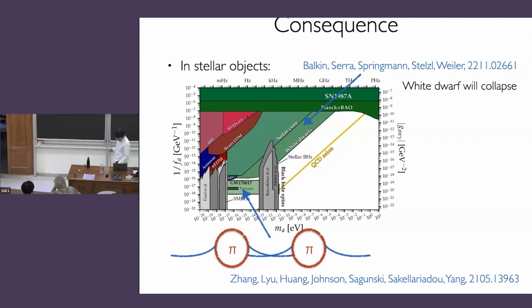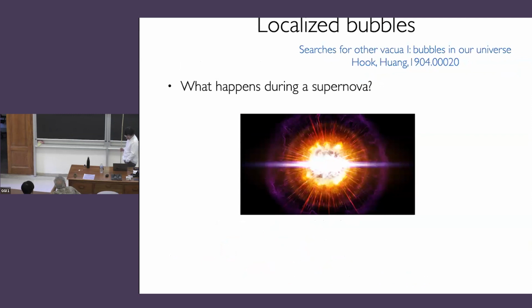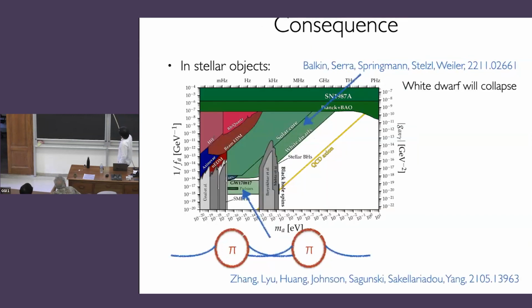So we are closing this region. And this type of constraint applies to all the different ways that land you in this region of parameter space. It's independent of whether you do some tuning to get yourself there or use some model building to get yourself there.